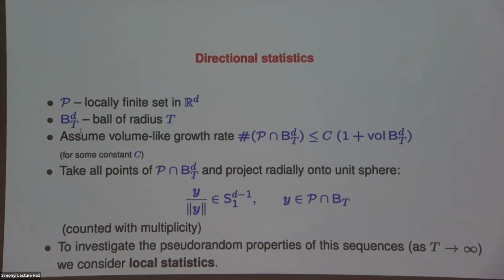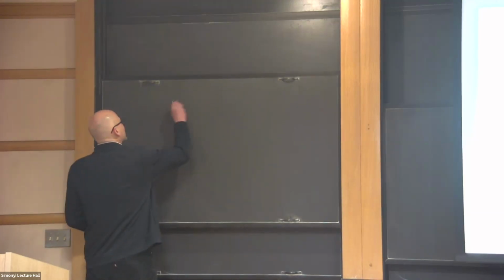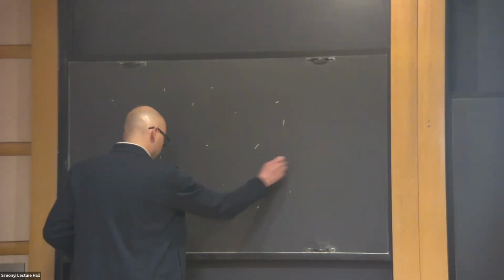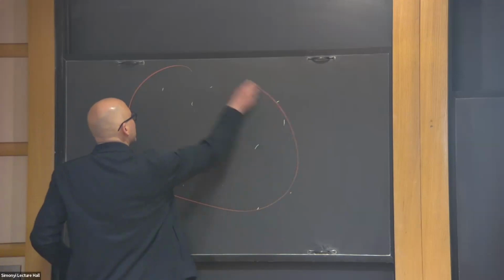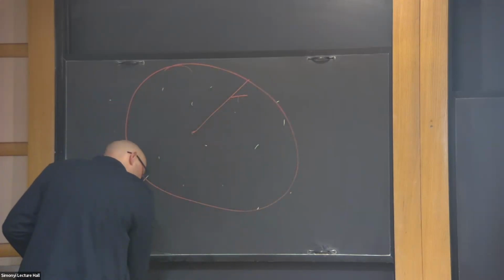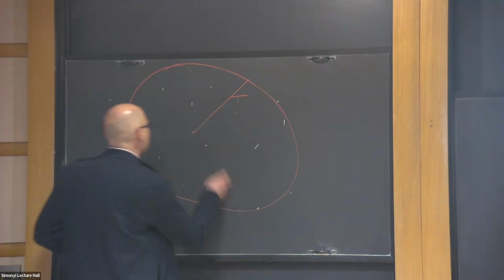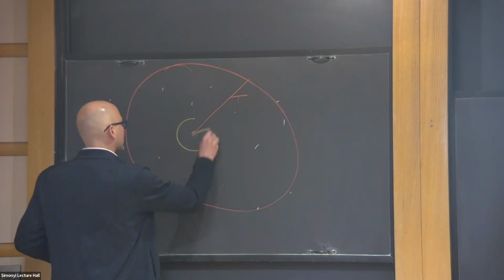And now we'll do what I just said. We'll have all our points and we project them down. Let me draw this in 2 dimensions. These are our points. Look at all points in a ball of radius T. I'll project them onto the unit sphere of directions, if here's my observer.